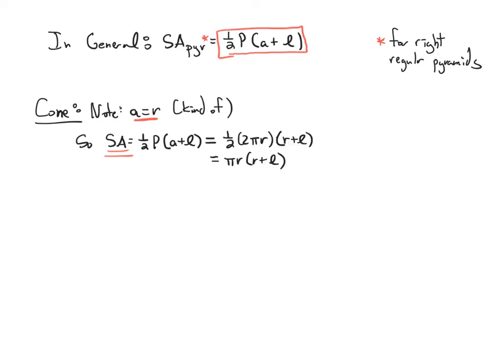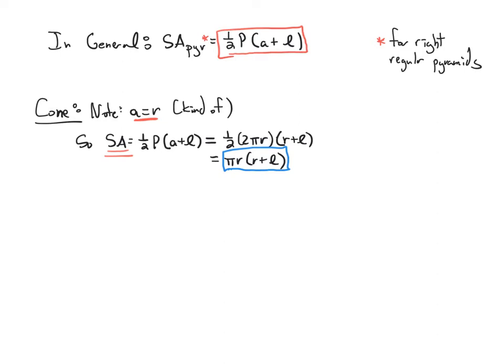So R plus L, and that simplifies to pi r times R plus L. So for a cone, you're basically using the same formula, which is pretty cool, actually. And again, note, this only applies for right regular pyramids. Remember, we need that regular polygon to even talk about an apothem.